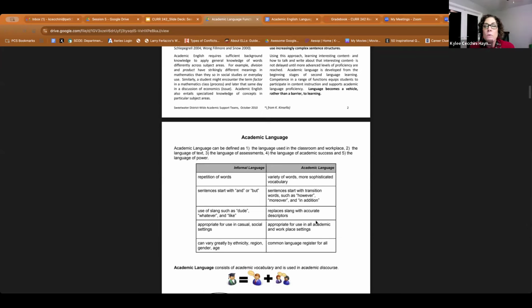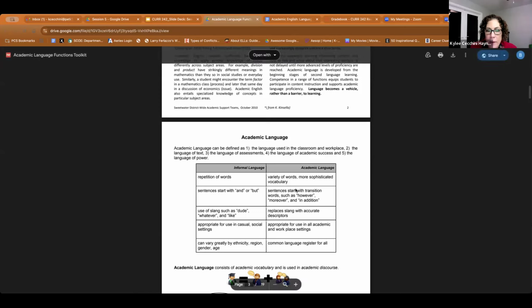One way of framing this is, we know what informal language is. Kids talk in slang. They repeat words. They can start sentences with "and" or "but," and it's not incorrect as long as a full sentence follows, but it's not really done in academia.